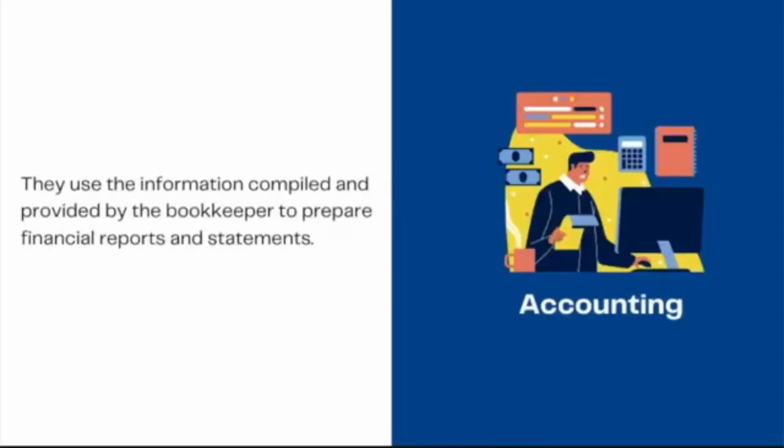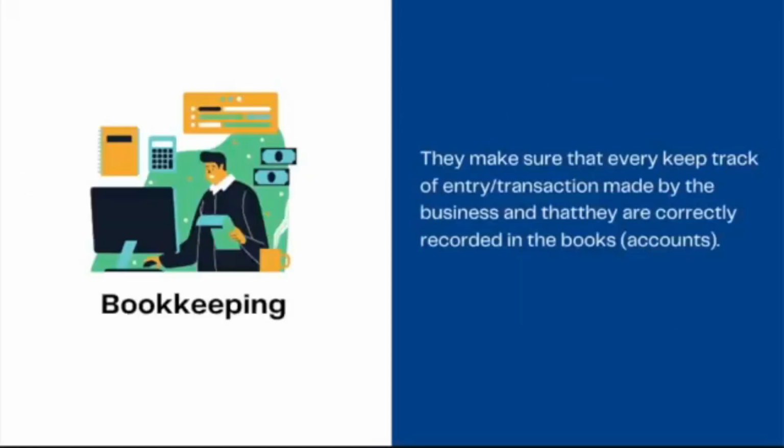On the accounting side, they use the information compiled and provided by the bookkeeper to prepare financial reports and statements. And as a result of preparing these statements, they help the business make informed financial decisions and judgments. On the other hand, bookkeeping, which is our focus in this course, makes sure to keep track of every entry or transaction made by the business and makes sure they are correctly logged and entered in the quote unquote books.